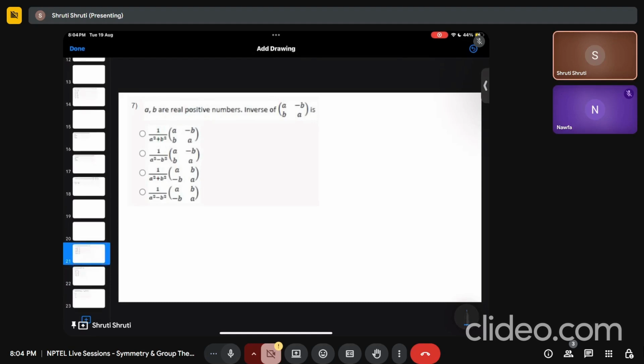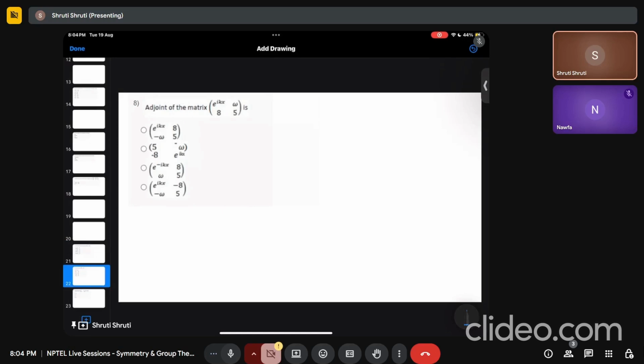Okay. Then adjoint matrix. Adjoint is equal to 1 over determinant times the cofactor transpose. So determinant is 5e. Oh, sorry.